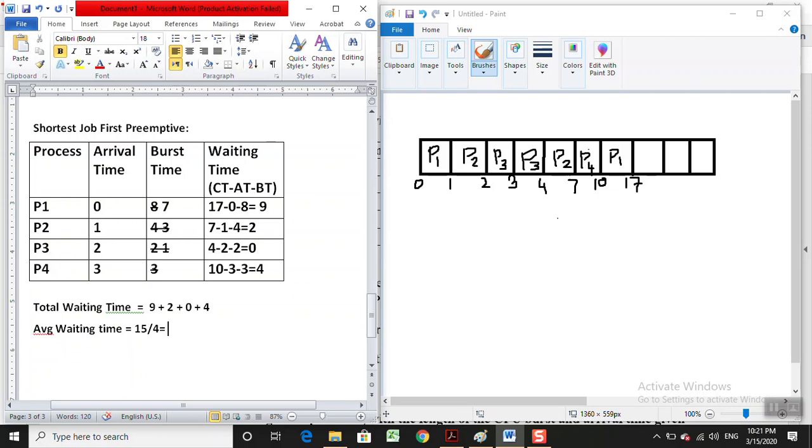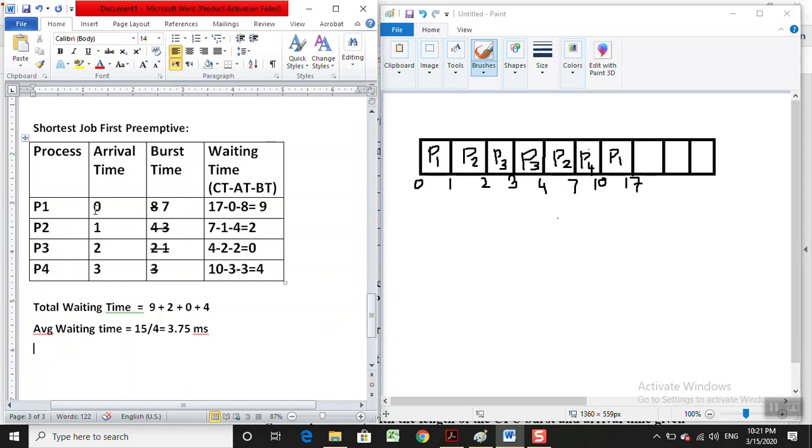So 15 divided by 4 is something like 3.75 milliseconds. Understood? That was the preemptive version.